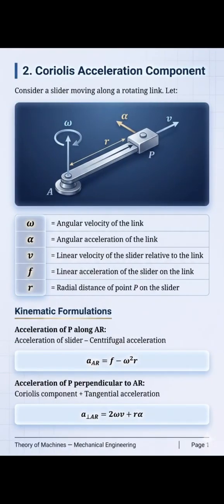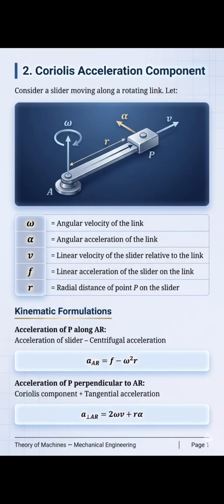Coriolis acceleration components. Consider a slider moving along a rotating link: omega is the angular velocity of the link, alpha the angular acceleration of the link, v the linear velocity of the slider relative to the link, f the linear acceleration of the slider on the link, and r the radial distance of point P on the slider.